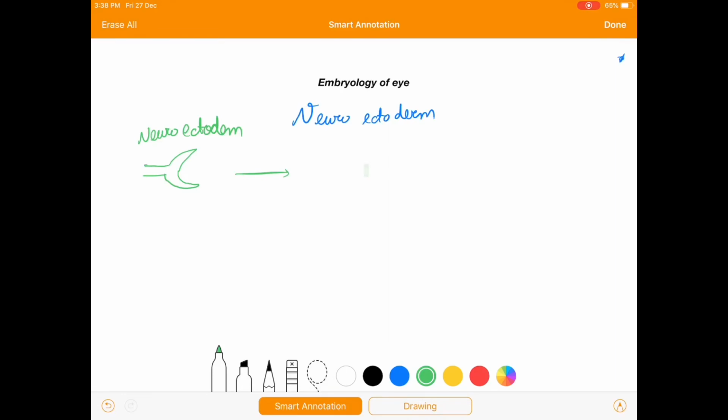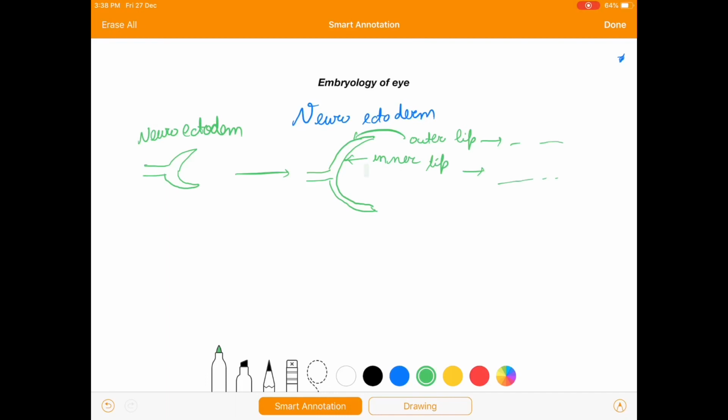Now this cup-like structure develops further to form a cavity or cyst-like structure with 2 lips, the inner lip and this one is the outer lip. Both of these lips give rise to different structures.